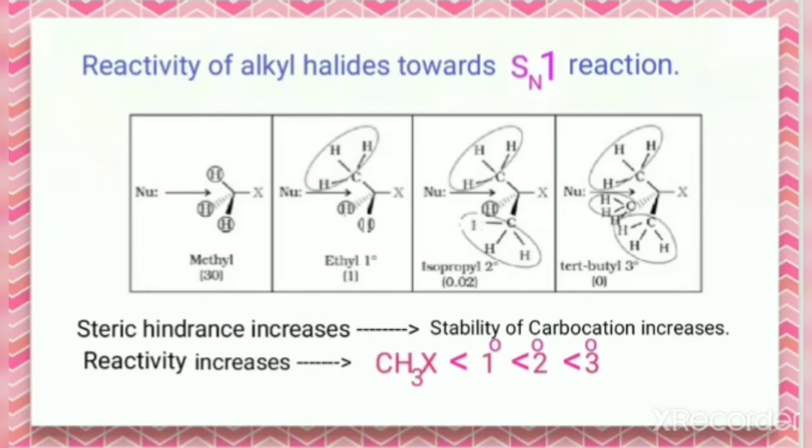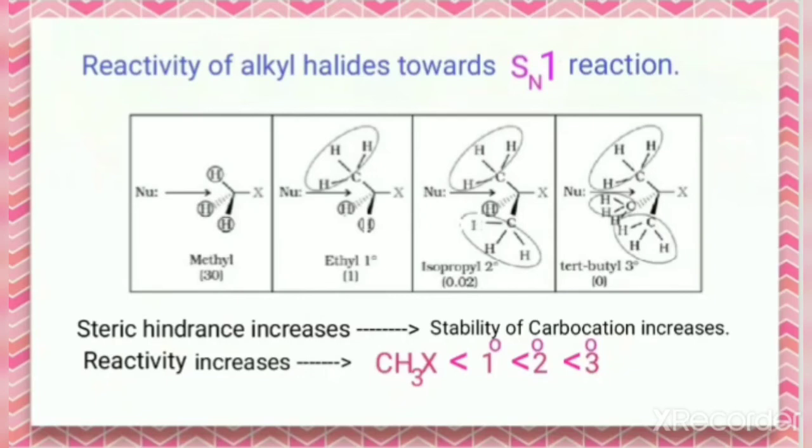Reactivity of alkyl halide towards the SN1 reaction. As we have discussed in the case of the SN2 mechanism, when the steric hindrance increases, the reactivity decreases. But here the reactivity increases with the increase in steric hindrance. Why?